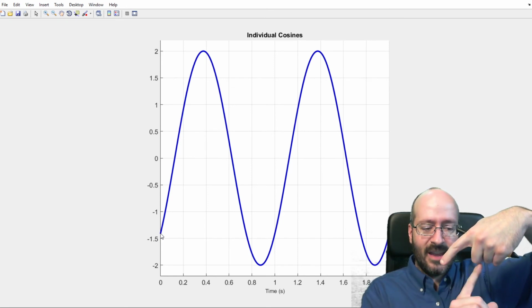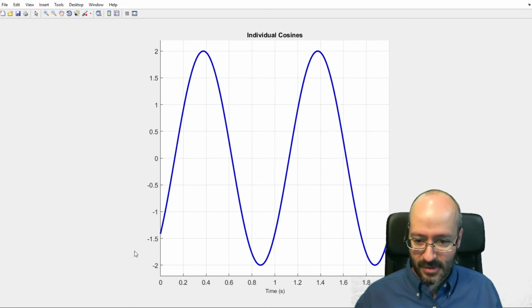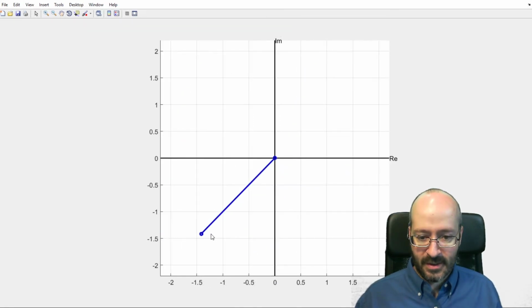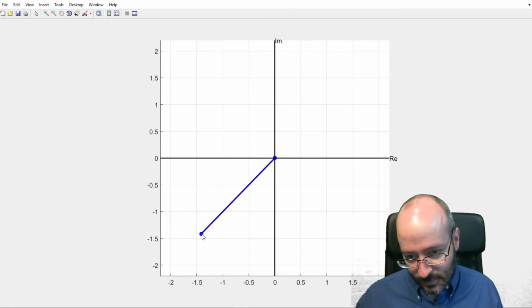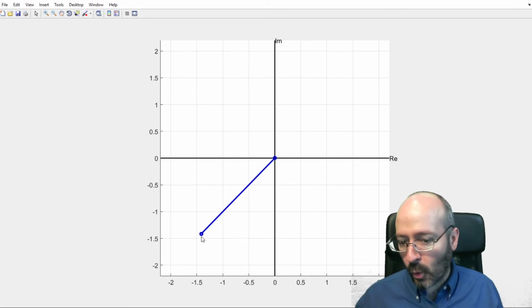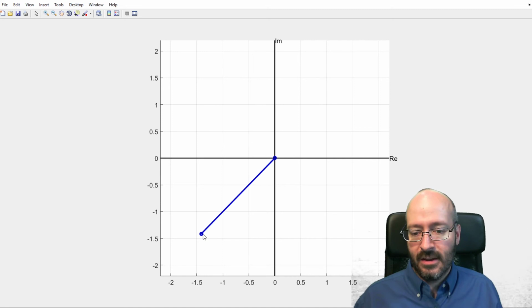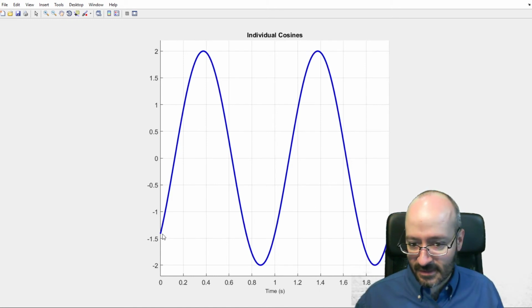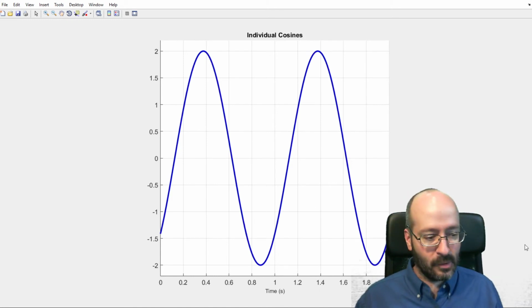So it has a negative real component to start out with, and we see that over here.